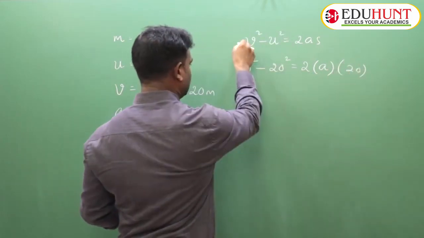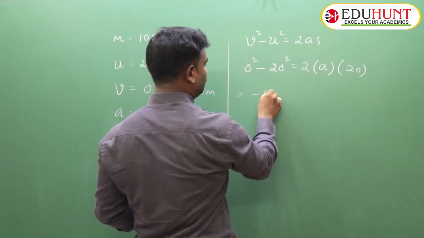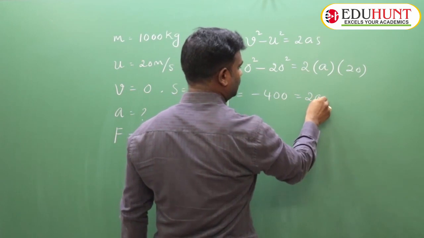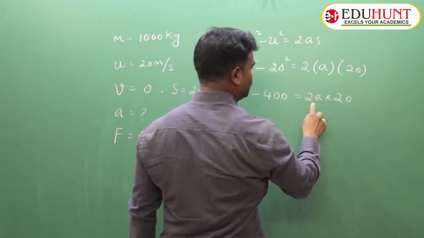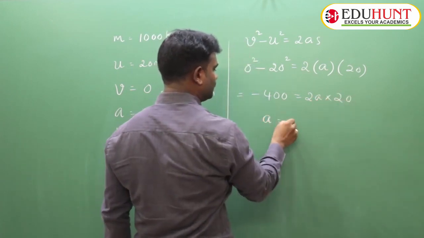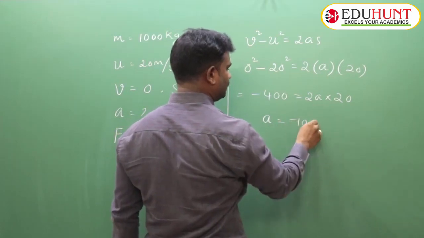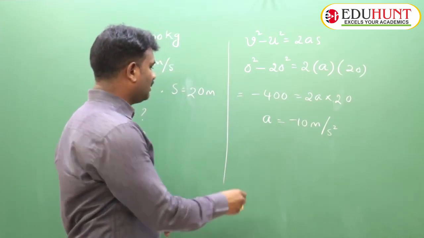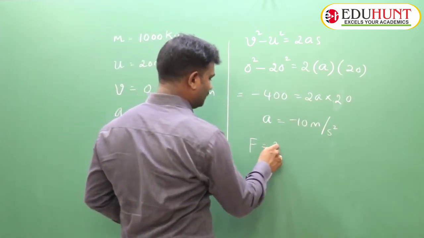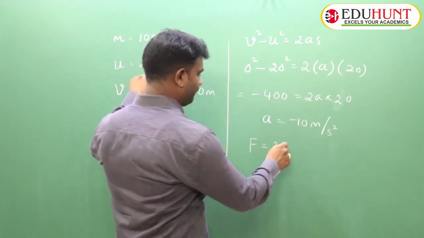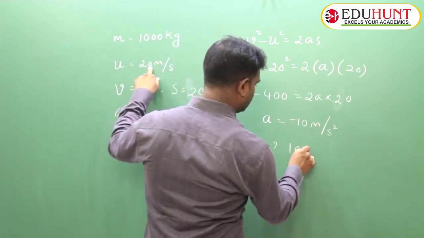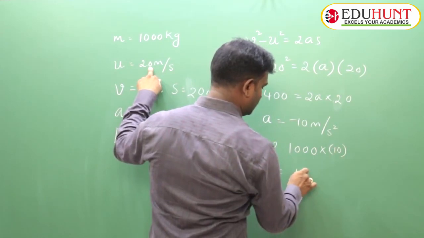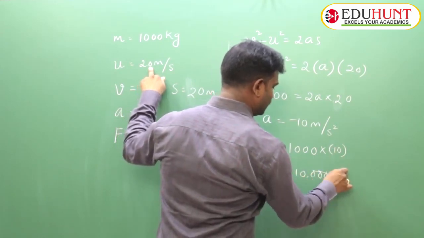So this is minus 400 equal to 2 A into 20, that is 40 A. So A is equal to minus 10 meter per second square. Now our job is to find F. F is equal to M into A. So 1000 into 10, that is equal to 10,000 newtons.